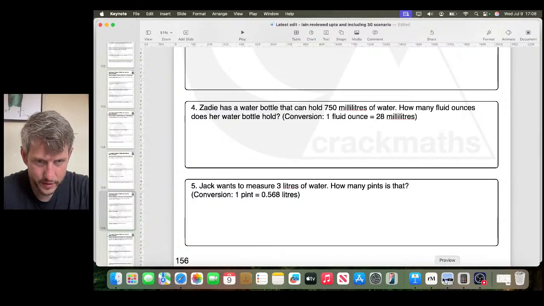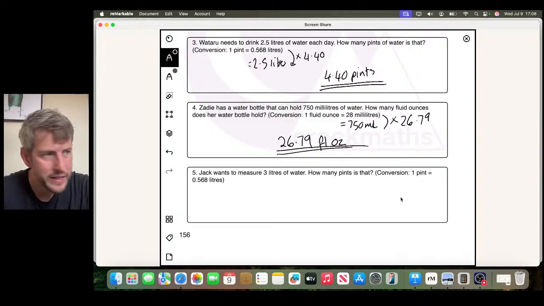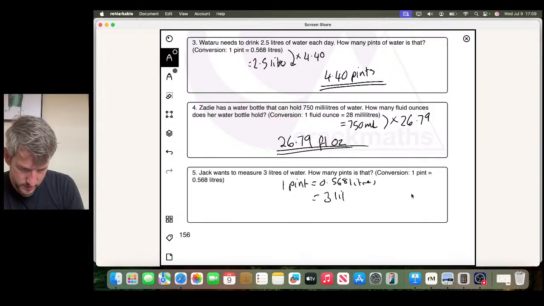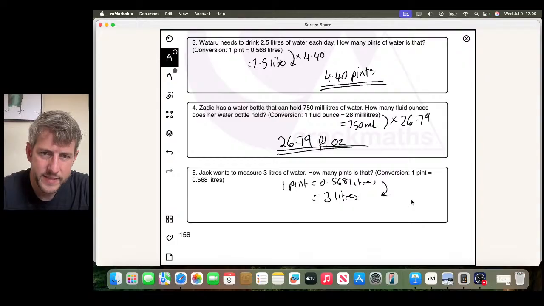Let's get back to the reMarkable and let's answer this question. So, 1 pint equals 0.568 litres. So we want to get up to 3 litres. So how many lots of 0.568 is that?